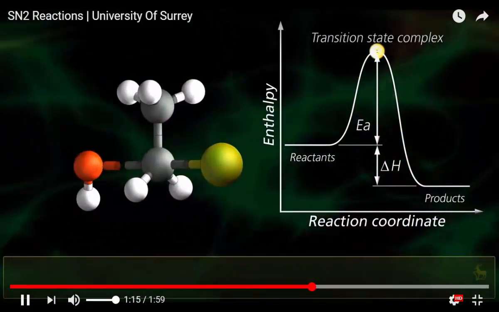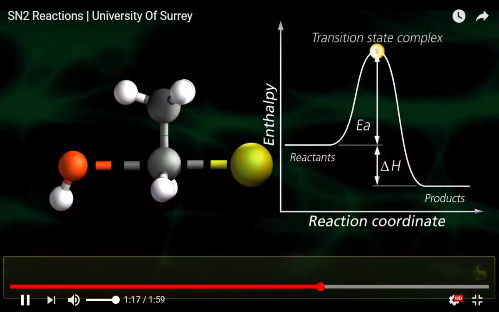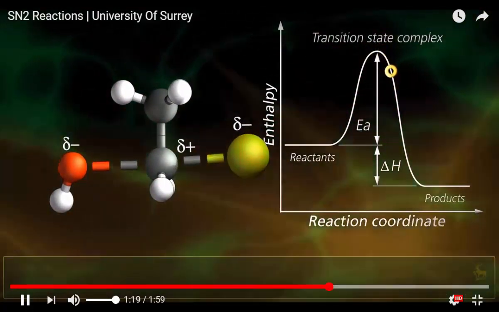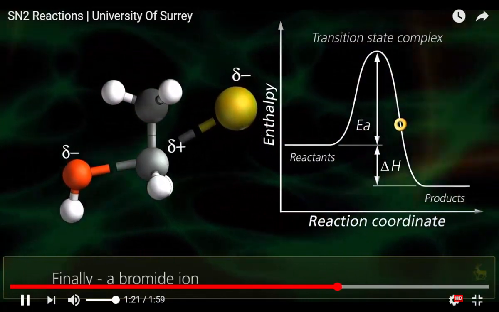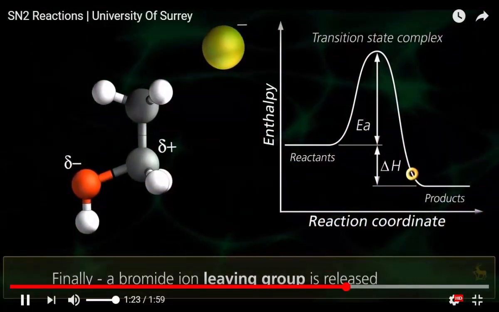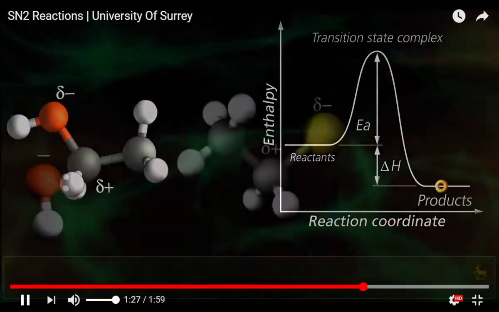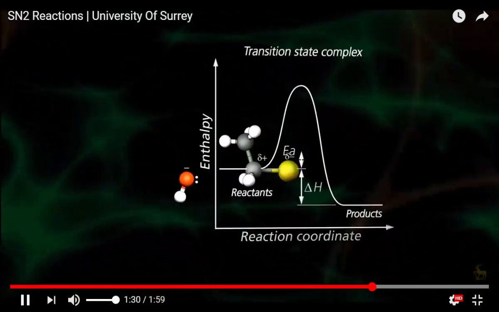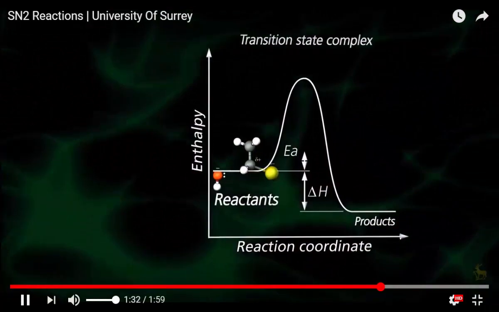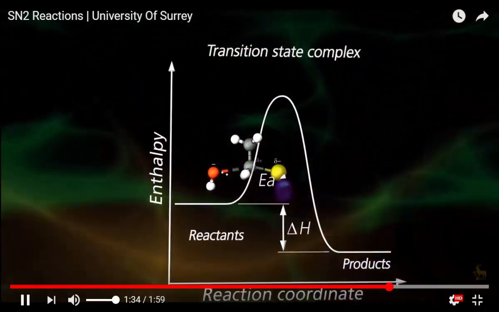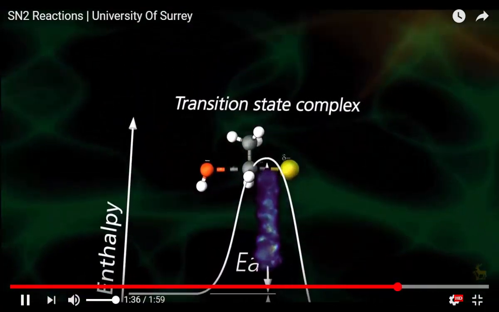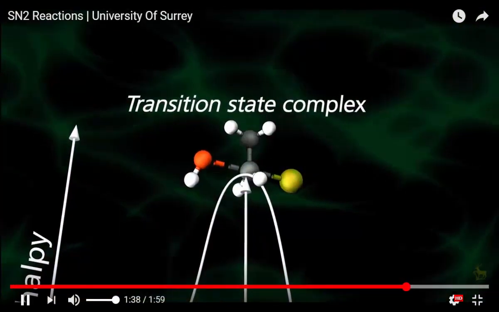The complex behaves like an umbrella blowing inside out as the bonds rearrange into a tetrahedral structure. A bromide ion, called the leaving group, is released. The transition state complex.